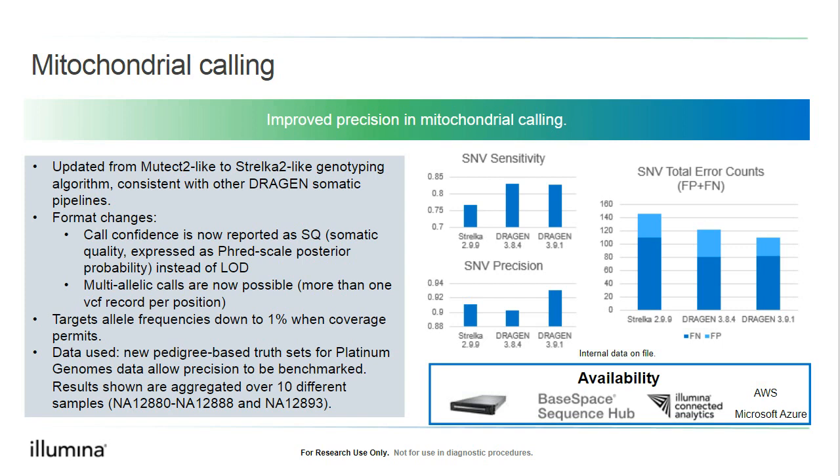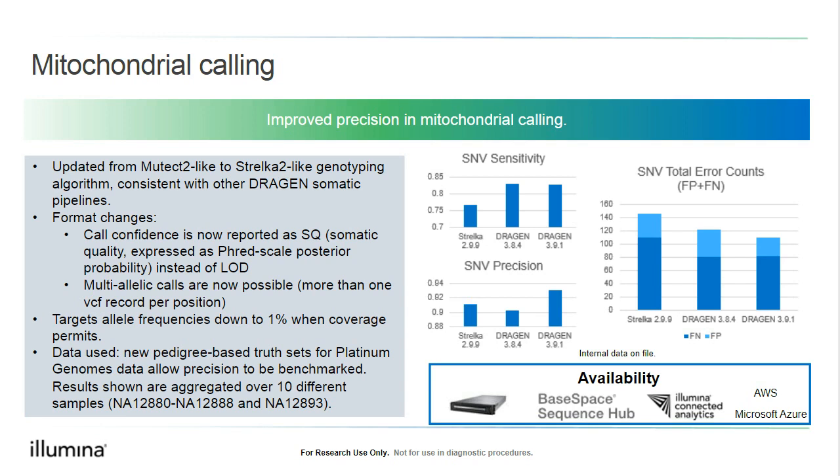So now we have made that update, so the mitochondrial variant calls that you would see will now start to report a score in the format of an SQ, or somatic quality, versus an LOD that was done in the past. Also, multi-allelic calls are now possible with the mito calling from this release.